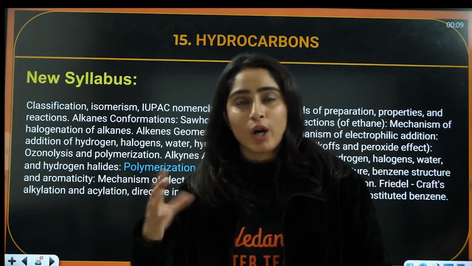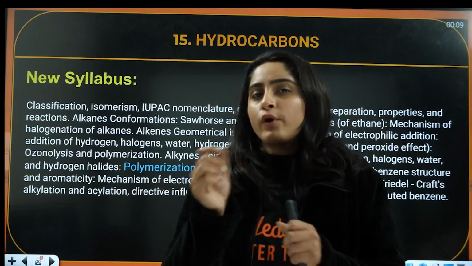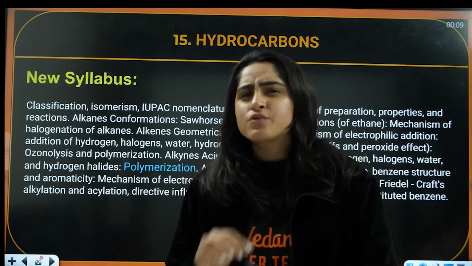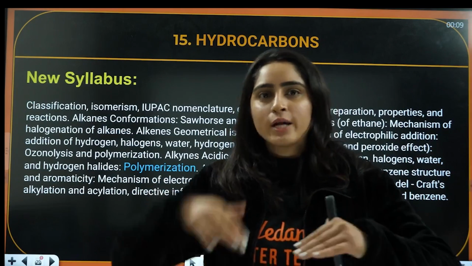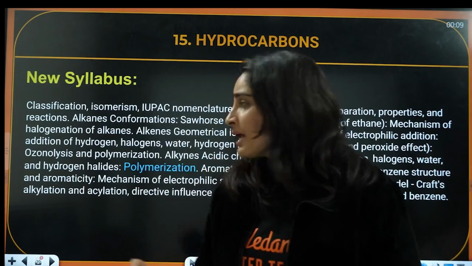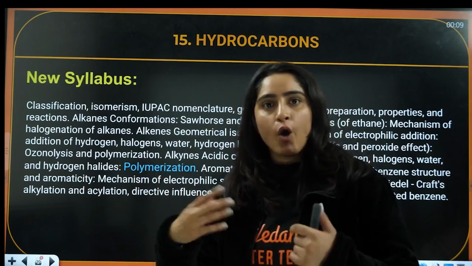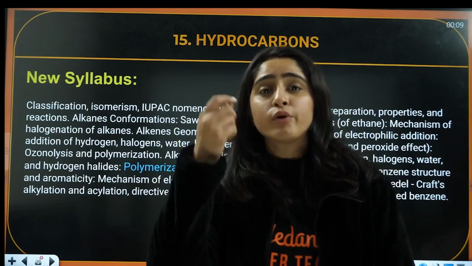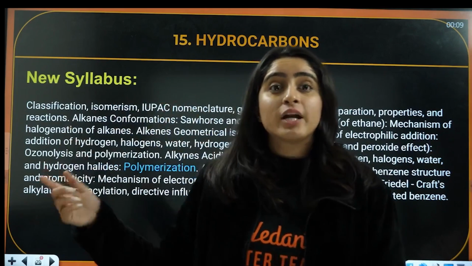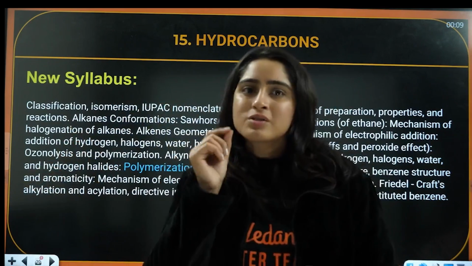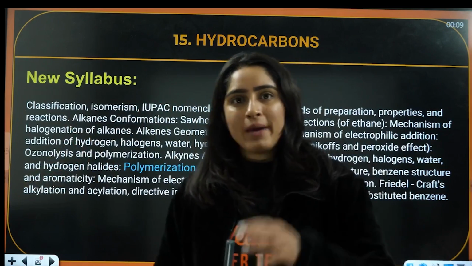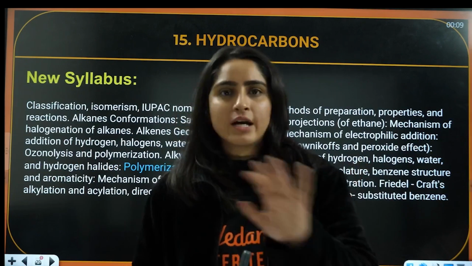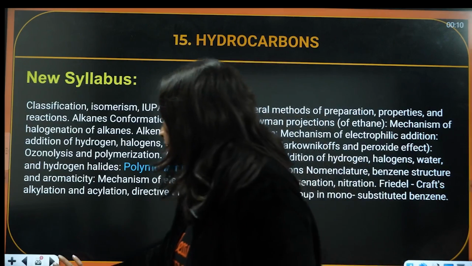When you are studying polymerization, just study a few of the polymers in detail, just a few topics. That's it. I'm not asking you to study polymers in detail. I'm just saying the reaction of polymerization, how polymers are formed, and a few important polymers that are mentioned in previous year questions. You just need to study those few polymers that are from alkynes or alkenes. Just study those polymers. That's it.